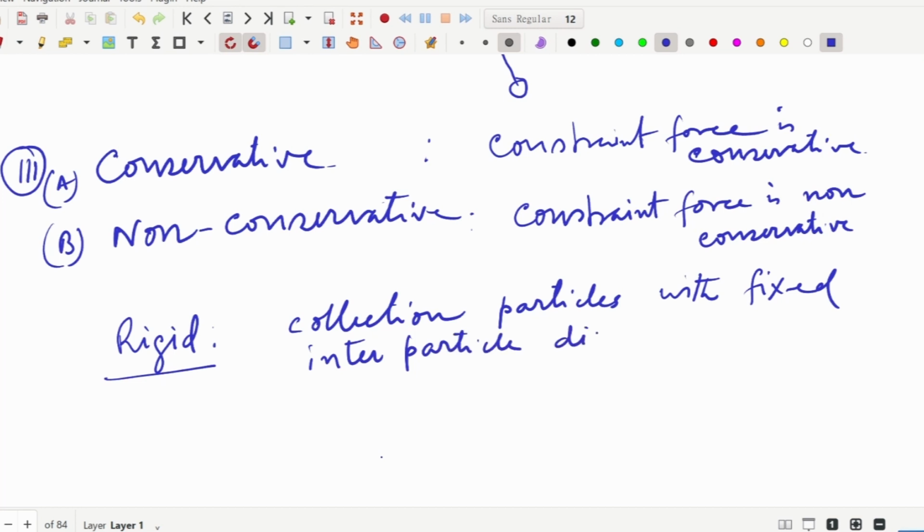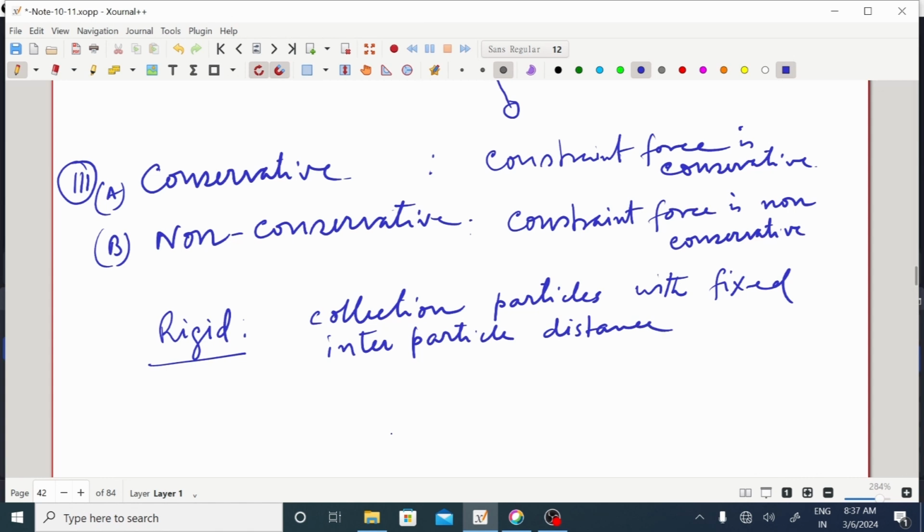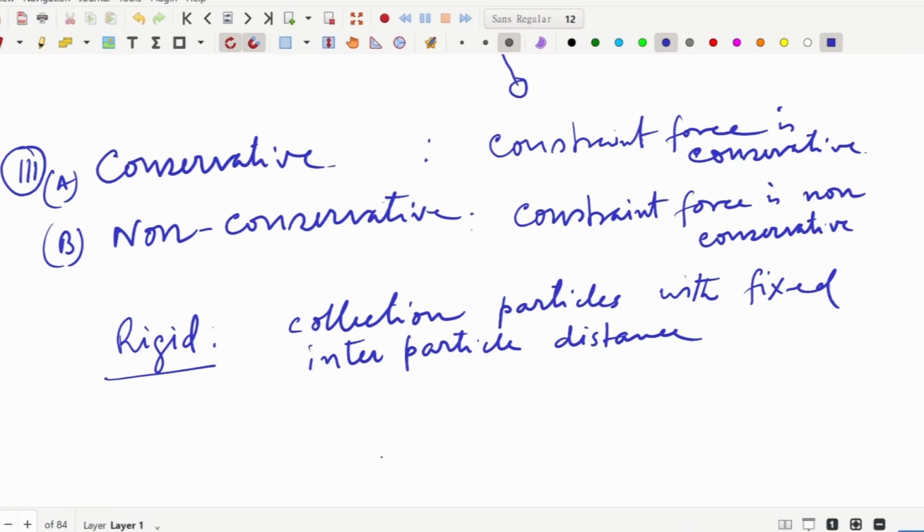That means the distance between any two particles is constant. If such a thing happens, then that collection of particles is called a rigid body, and we will see in tutorial class that the constraints in a rigid body are of conservative type.